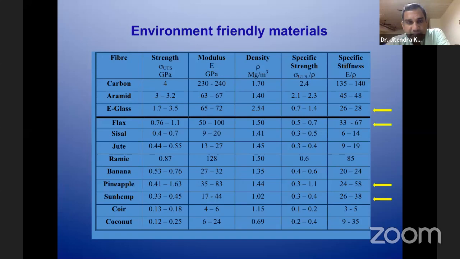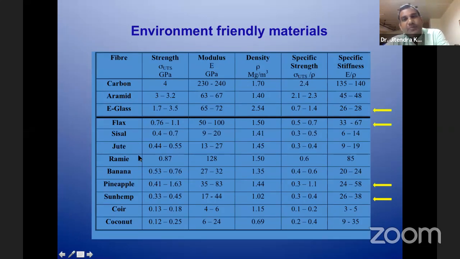That is the basic thing mostly used in research: epoxy glass fiber is widely used, and with some flax and pineapple, perhaps this is used for bobbin fiber. Many people also research sisal and jute fiber.